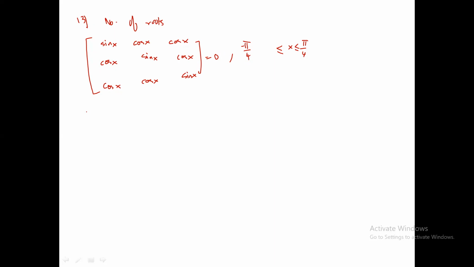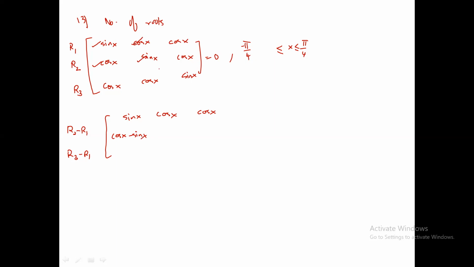So first we will solve this matrix. In order to solve this matrix, this is row 1, this is row 2, this is row 3. I will do row 2 minus row 1 and row 3 minus row 1. That means I will not change row 1. But row 2 minus row 1 will give me cos x minus sin x.